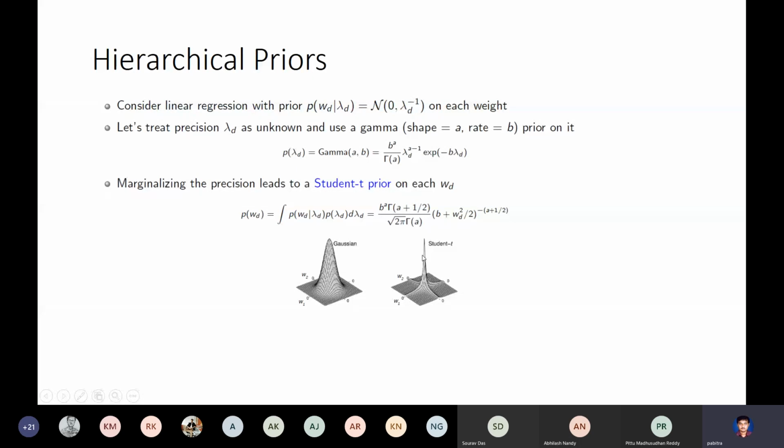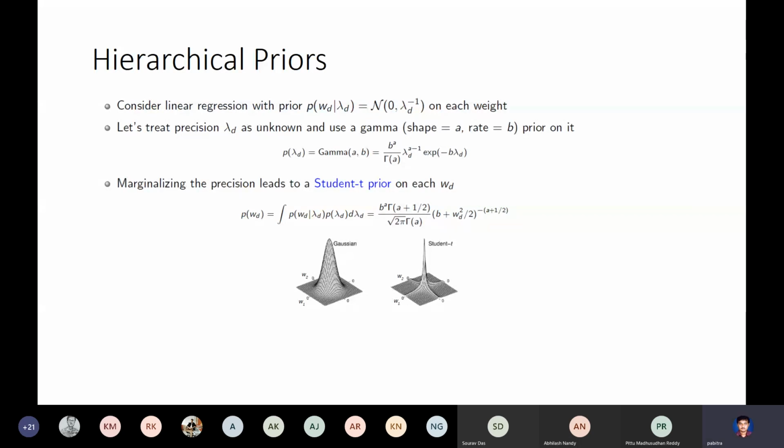The moment you do that, you can force many of these lambda d's to be 0. That means, suppose you have x1 to x1000, it is d-dimensional with d equal to 1000. And sparse means y is dependent on only a small subset of these 1000 x's.